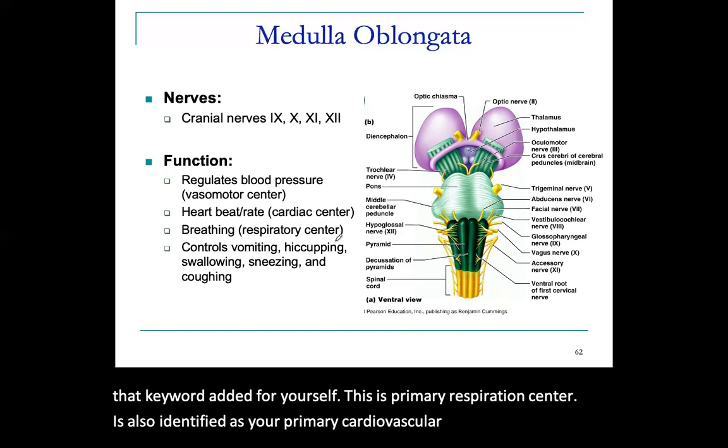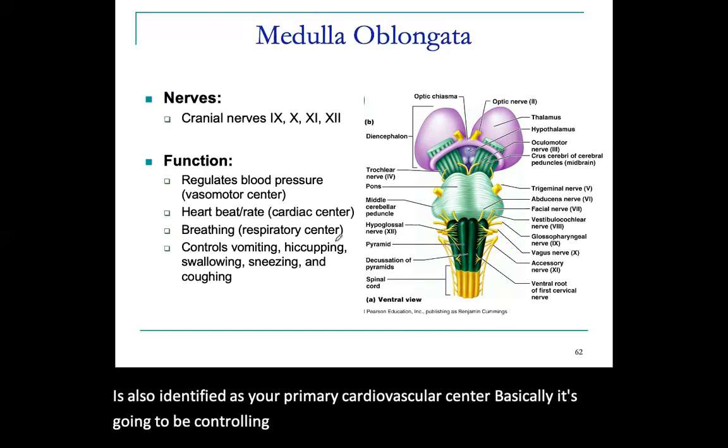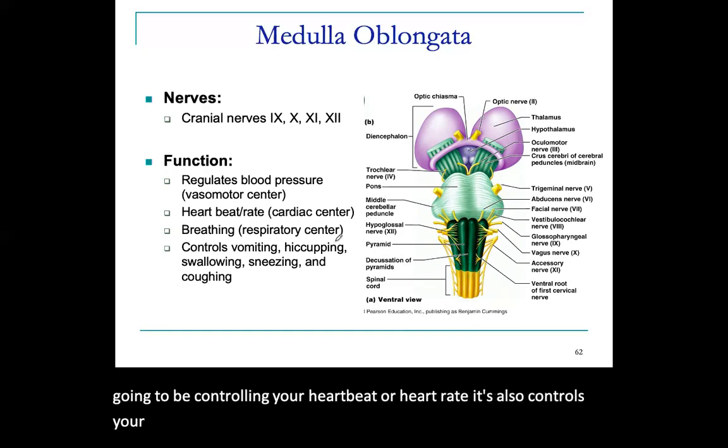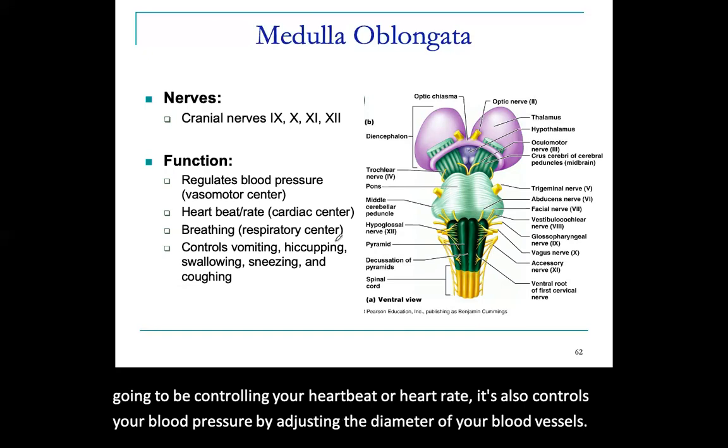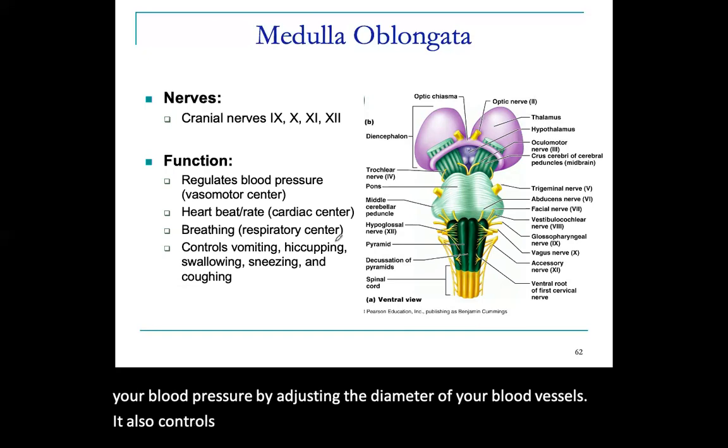Basically, it's going to be controlling your heartbeat or heart rate. It also controls your blood pressure by adjusting the diameter of your blood vessels. It also controls your involuntary actions like hiccuping, vomiting, sneezing, swallowing, and coughing.